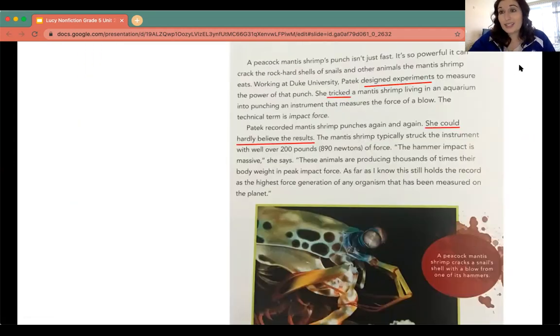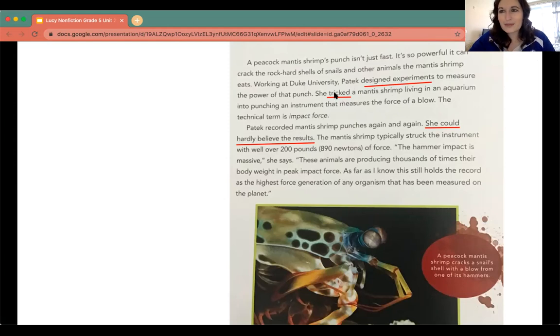When I was trying to answer this question, I underlined a few important areas of the text where the author is specifically talking about the scientists. The author says that the scientists designed experiments. She uses the word that the scientists tricked a mantis shrimp.